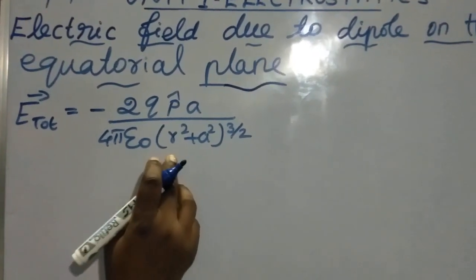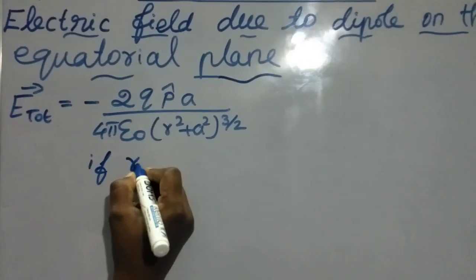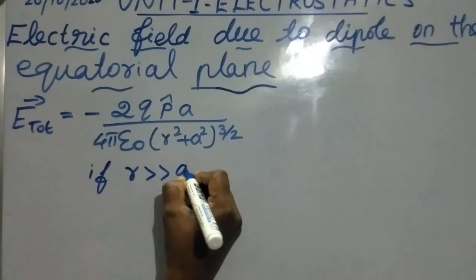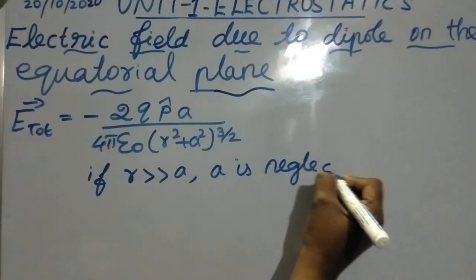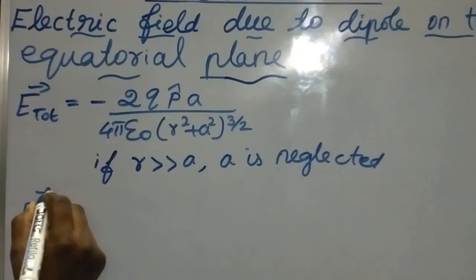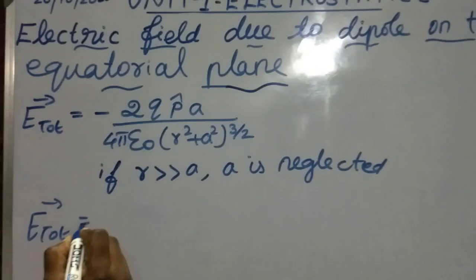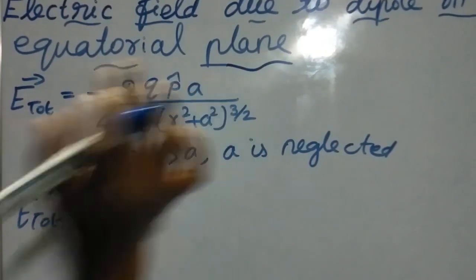Now we are going to add one condition, that is if the distance r is greater than a, then the term a is neglected. So E total vector equal to, now we are going to neglect the term a in the denominator only, not in the numerator.